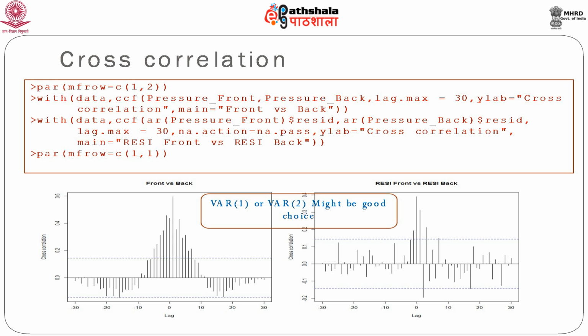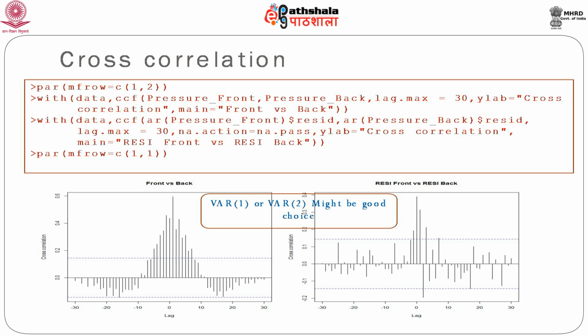First, I fitted an AR1 model for pressure underscore front. This AR function will fit the AR model with order 1, and dollar resid will give the residual of that particular fit corresponding to the pressure at the front.